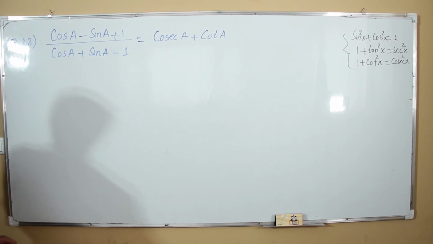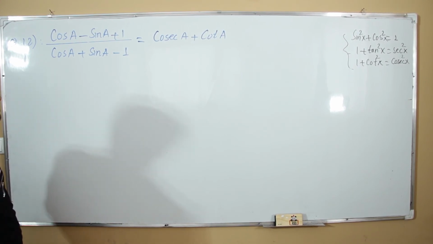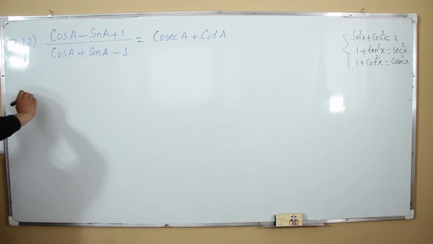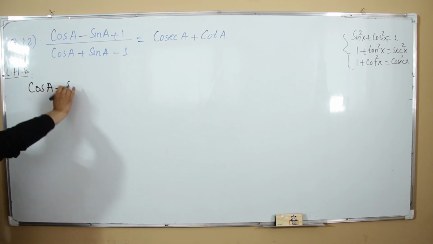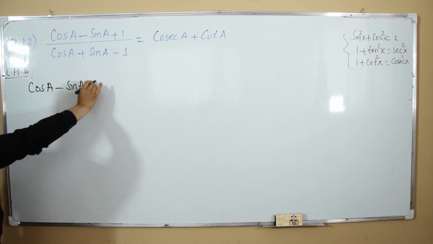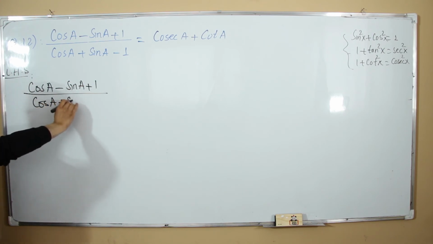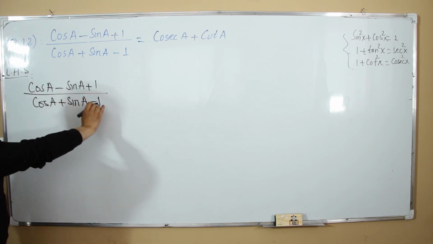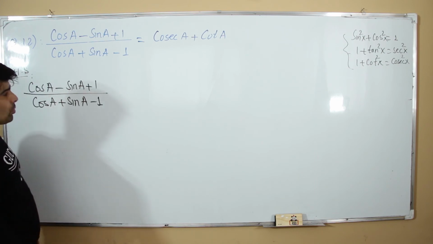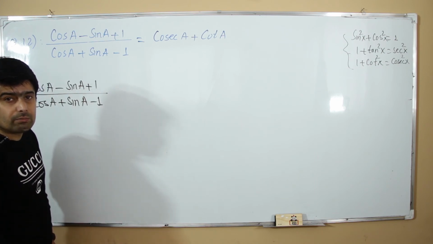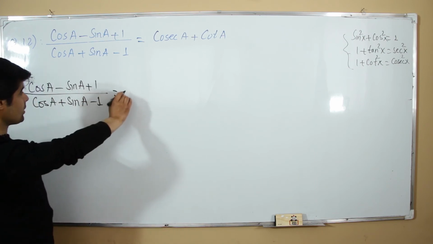Cosine a minus sine a plus 1 divided by cosine a plus sine a minus 1 is equal to cosecant a plus cotangent a. By the way, in LHS, what do we have? Cosine a minus sine a plus 1 divided by cosine a plus sine a minus 1. Let me divide both numerator and denominator by sine. Why?